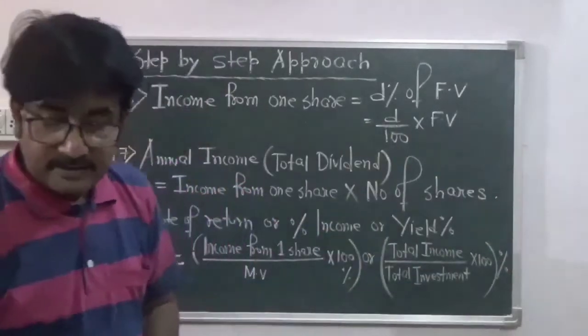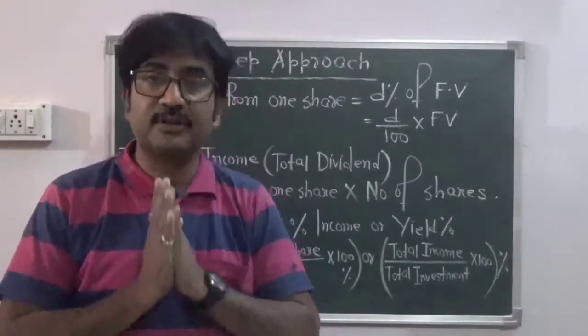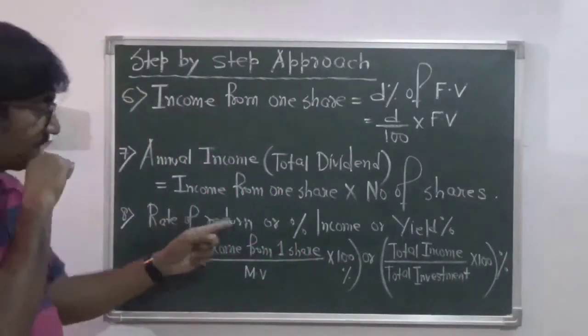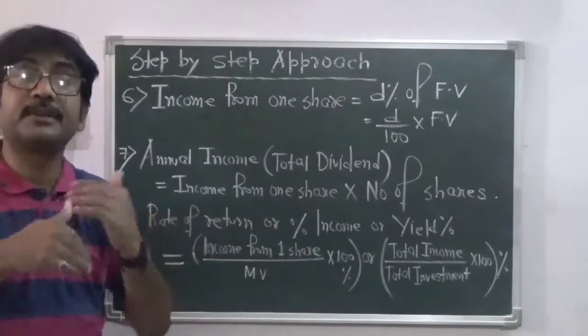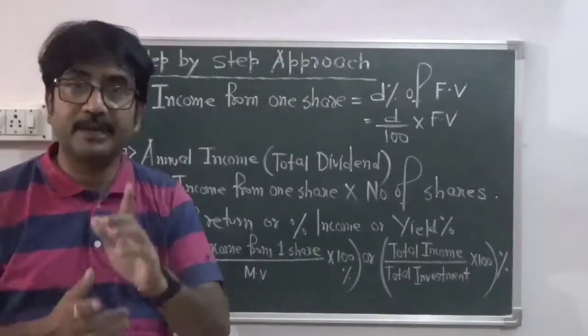So dividend is calculated on the face value, but your return percent, or the percentage income, or the profit percent, is calculated on your investment, that is the market value.